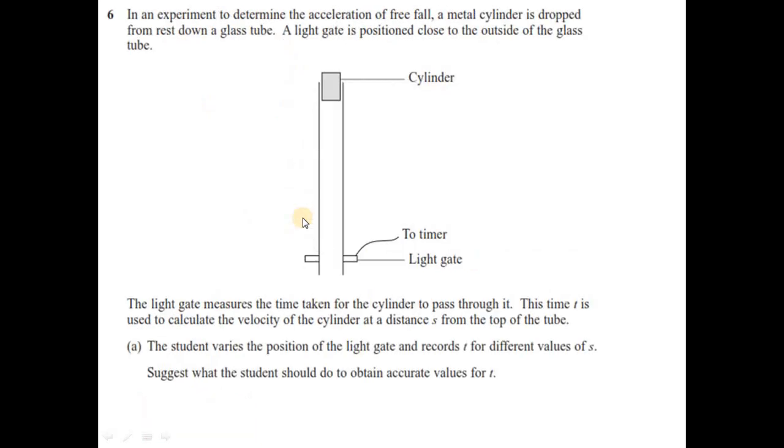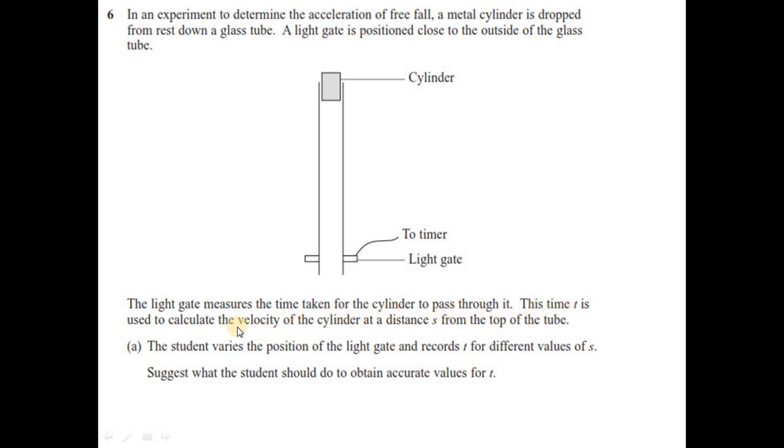Question number 6. In an experiment to determine the acceleration of free fall, a metal cylinder is dropped from rest down a glass tube. A light gate is positioned close to the outside of the glass tube. The light gate measures the time taken for the cylinder to pass through it.